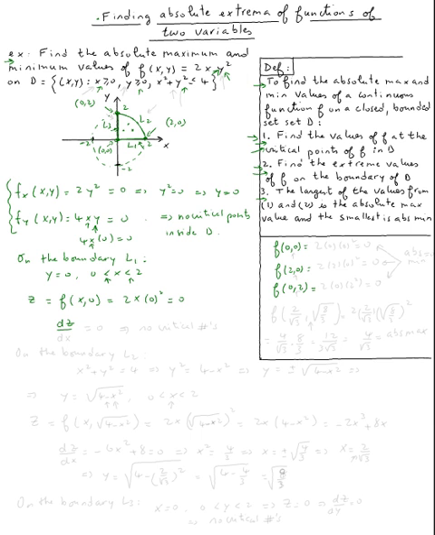Now, the derivative of z with respect to x, to see if there are any critical numbers, equals 0, which means no critical numbers. Alright, now let's move on to the boundary L2. On the boundary L2, remember that the equation is x^2 + y^2 = 4, right?